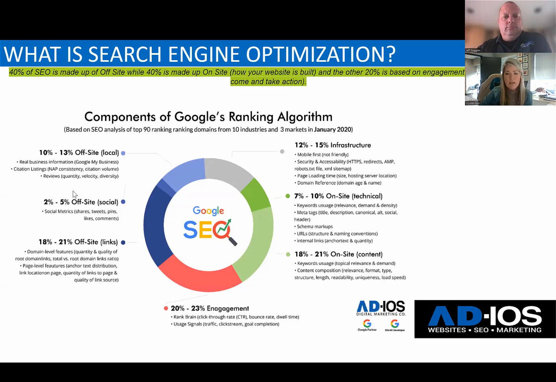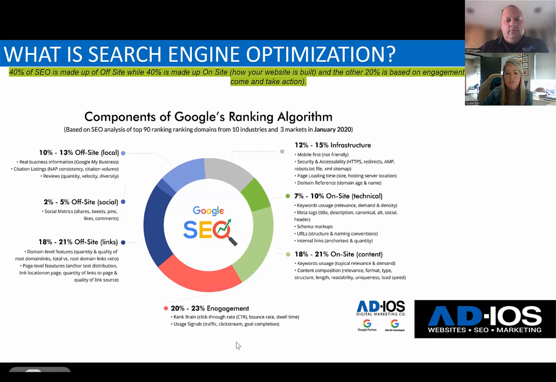This first slide here, we talked about in the last meeting, and I wanted to talk about it again because a lot of people think that internet marketing in general is SEO, and it is not. SEO is what's tied to your website and your internet presence. You do have to pay to get there, but once you get there with SEO, it's organic traffic that is driving to your site.